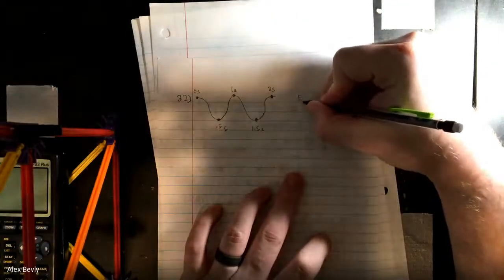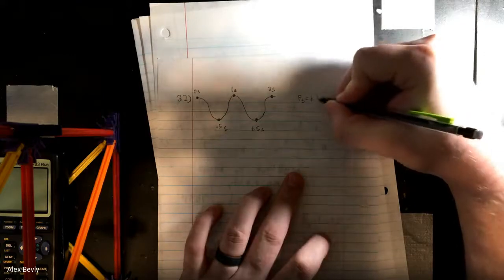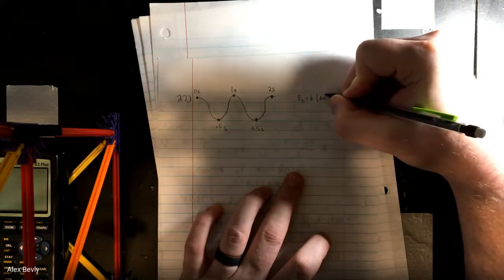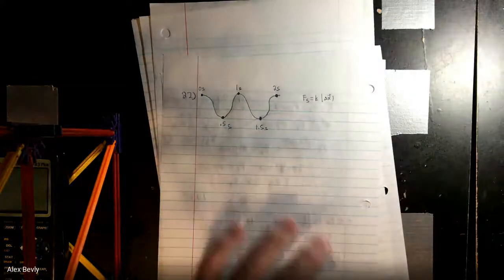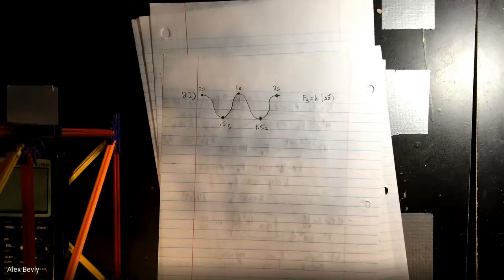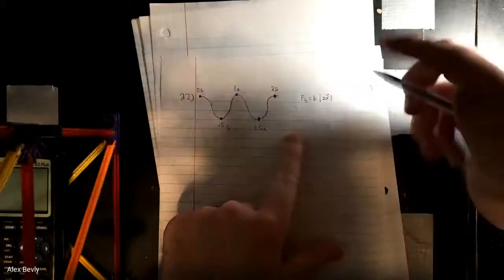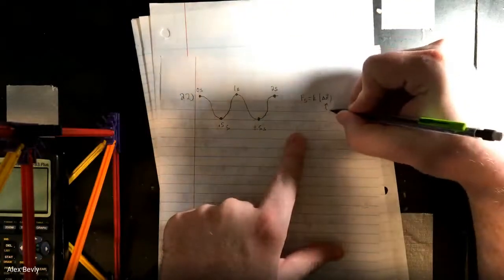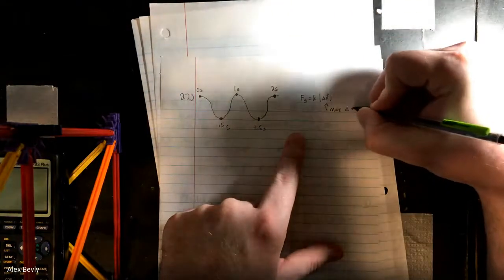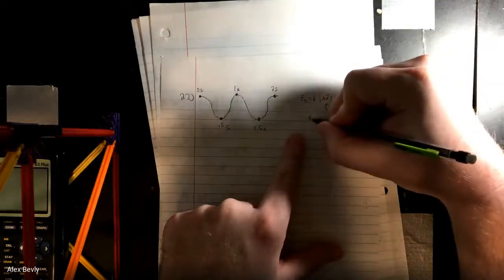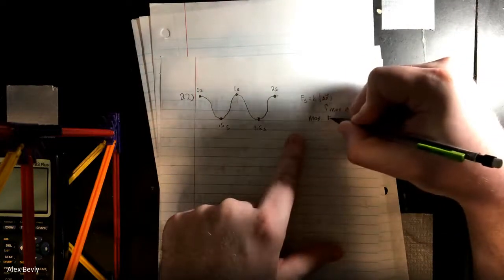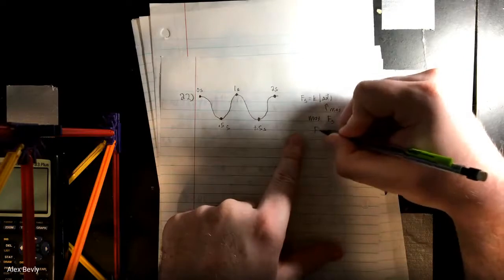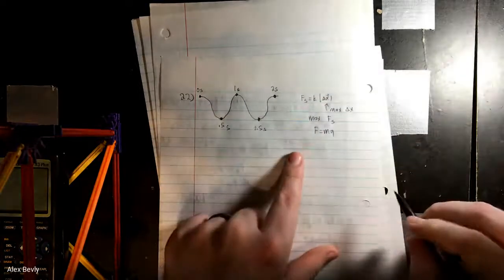Well, I know spring force is spring constant times magnitude of displacement. Well, we don't assume it's true. Yeah, so if I'm at the maximum displacement, each of these points are maximum displacement. That means I have the maximum force, and I know force equals mass times acceleration.